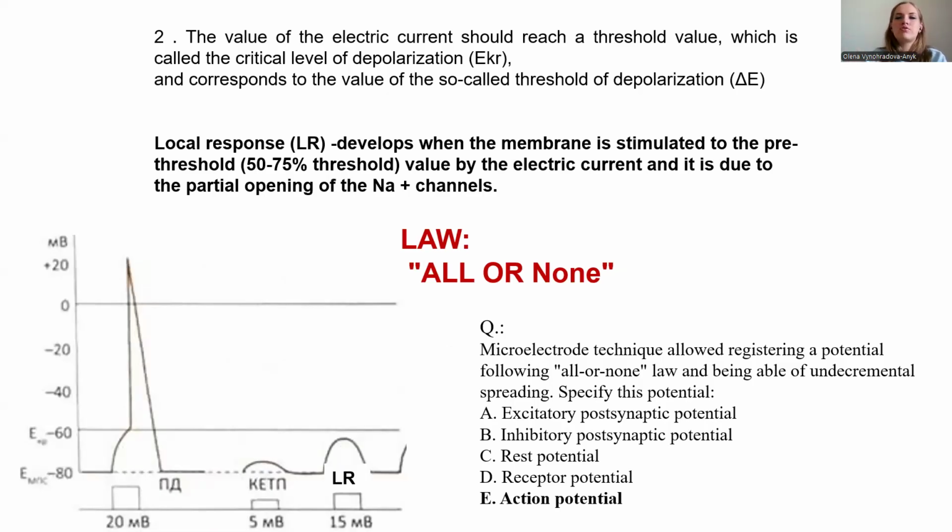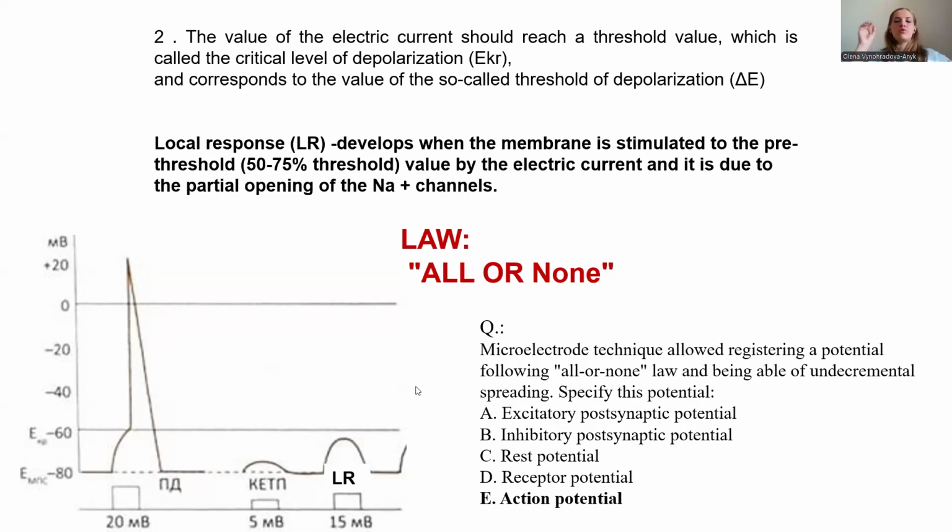The value of electric current should reach the threshold value, as I told you before, which is called the critical level of depolarization. If we reach the threshold level, this time we will have an action potential. If we do not reach this level, if we are below it, we will have an electrotonic potential, a small short depolarization, or local response, or local answer.